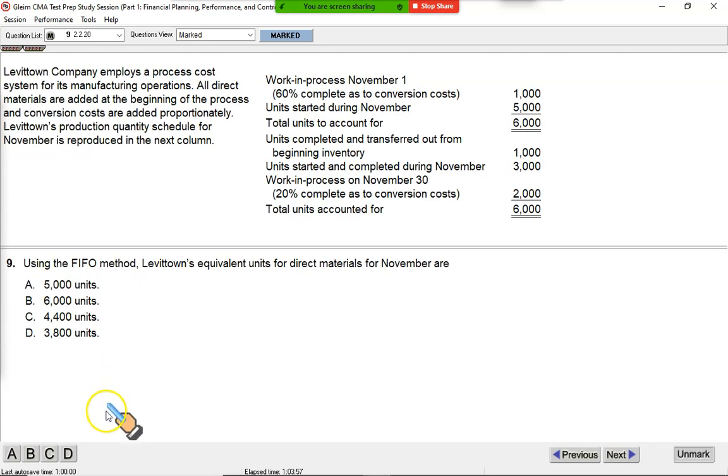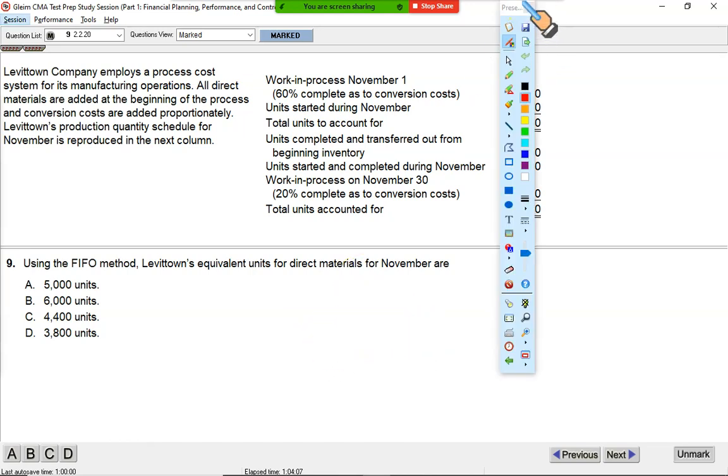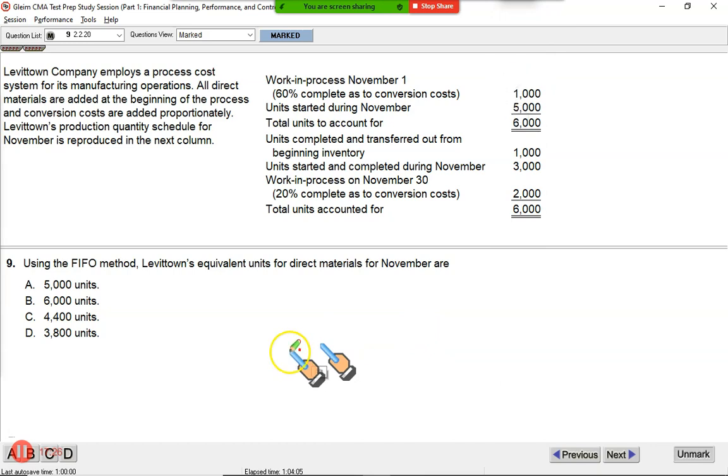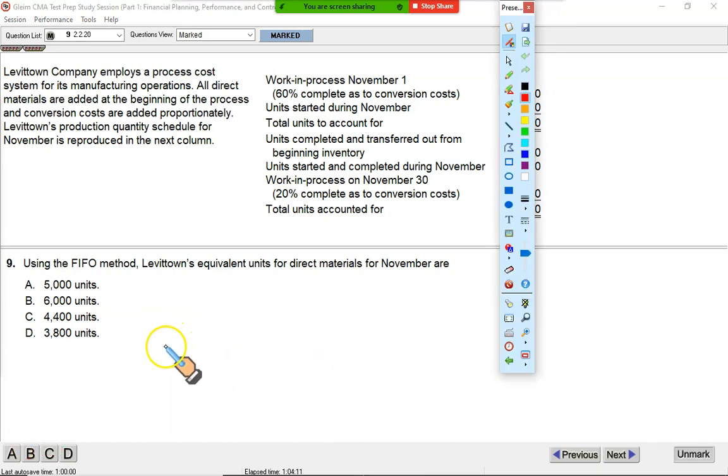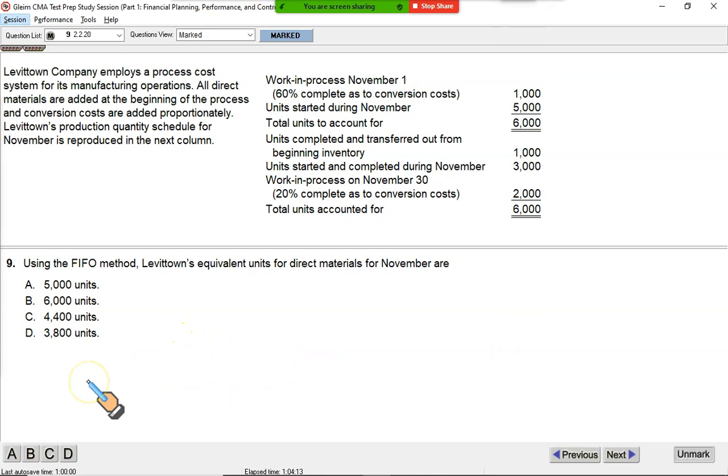I told you, and you just saw, that you need to divide your units of production into 3 categories. I need my units of production into 3 categories that we have just learned.